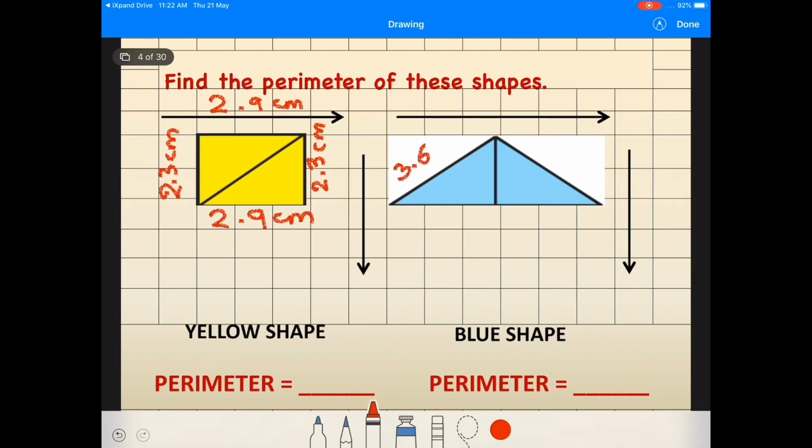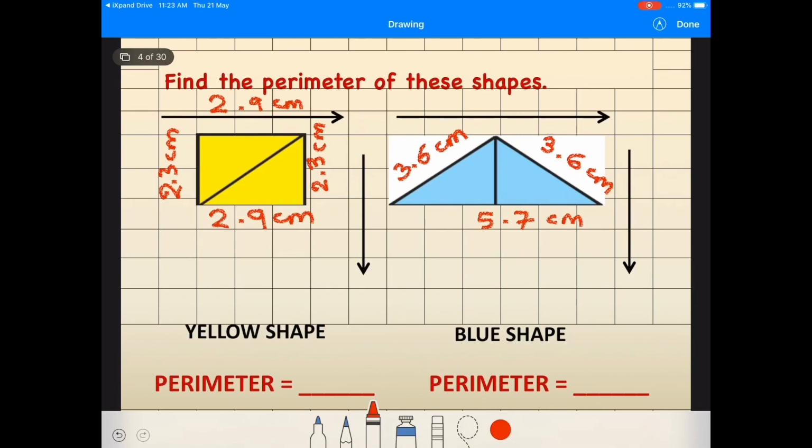Blue shape 3.6 cm, another side also 3.6 cm, and here 5.7 cm.